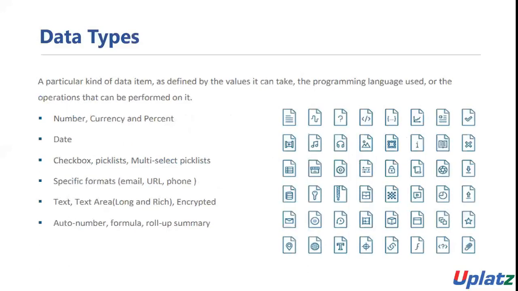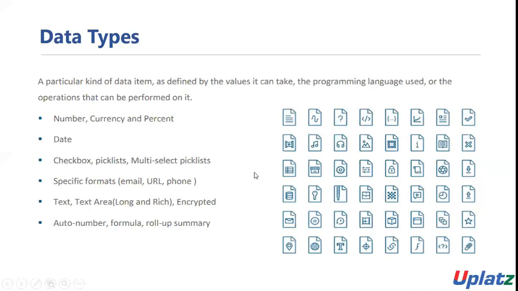Data type: a particular kind of data item as defined by the values it can take, the programming language used, or the operations that can be performed on it. We have seen a list of all the data types such as number, currency, and percent. For a date, to enter a date value instead of on a text field, we have the date data type.